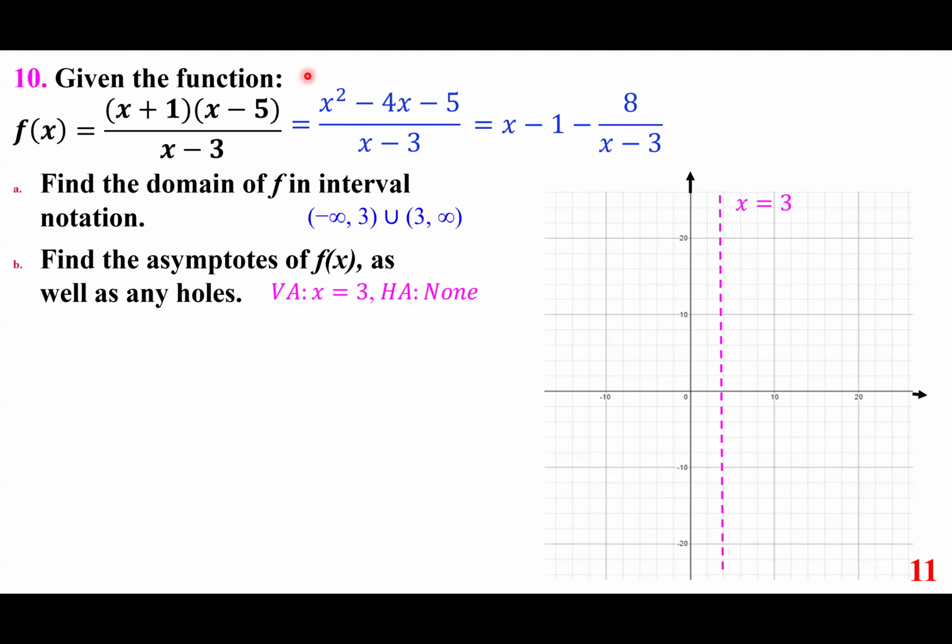So you do the division by any means, for example, the synthetic division. You get x minus 1 minus 8 over x minus 3, which gives rise to the slant asymptote y equals the quotient x minus 1. There, and there is no hole. As I mentioned, I told you there is no hole, and why there is no hole.